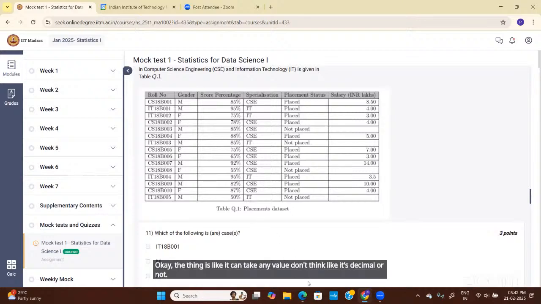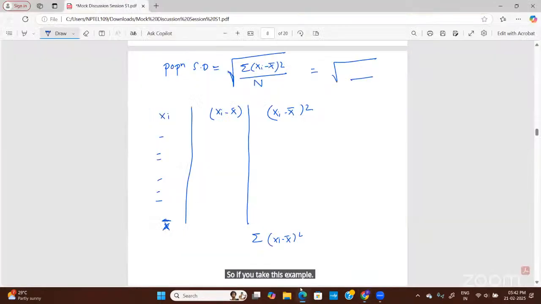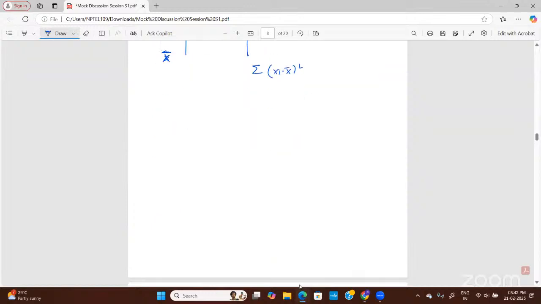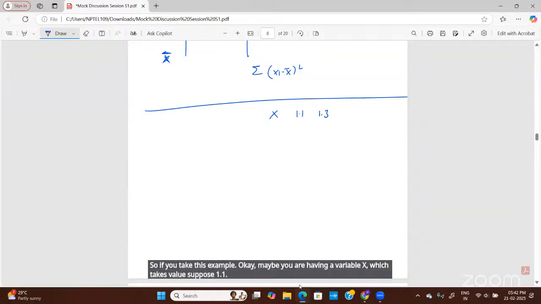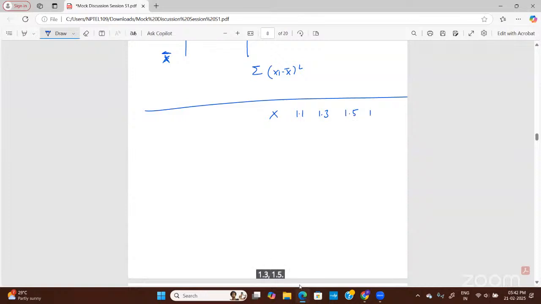So if you take this example, maybe you are having a variable x which takes values, suppose 1.1, 1.3, 1.5, 1.7. So this is one variable which is taking only these four values. Then what kind of variable will it be, discrete or continuous?